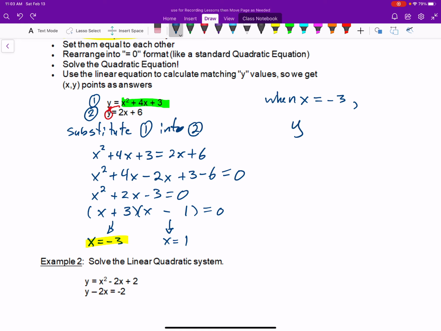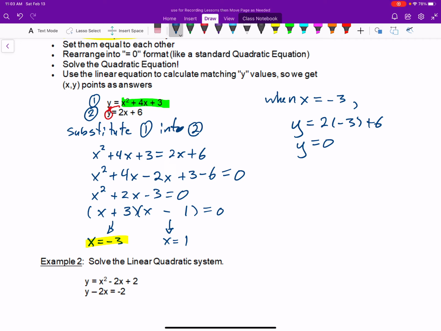So when x equals negative 3, then y is going to equal 2 times negative 3 plus 6. Again, I'm using this linear equation just to find out what the y value is. And 2 times negative 3 is negative 6, plus 6, getting ahead of myself. So y is going to equal 0 when x equals negative 3.